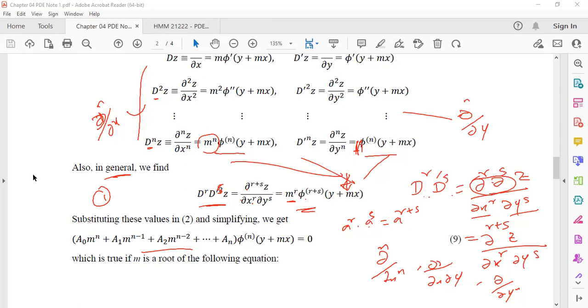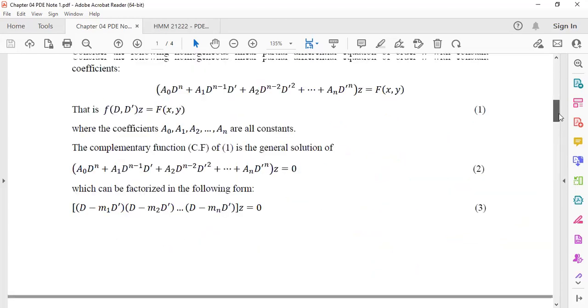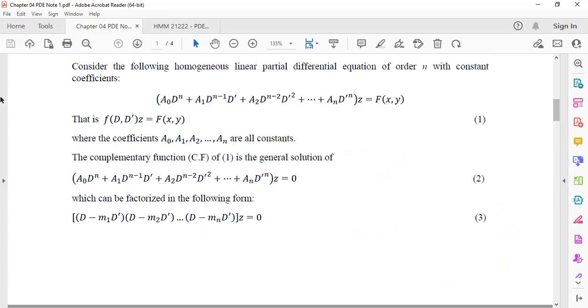Wait, I will show you equation number 2, which is this one. You can see we are taking only, this is our main equation, we are taking only the LHS part. That part we use for the complementary function. In that we are going to substitute the values we have found.